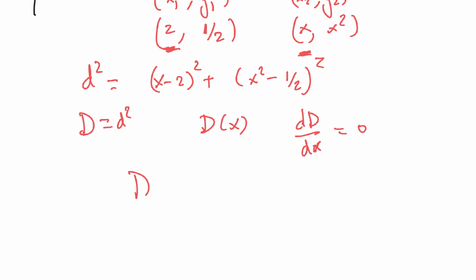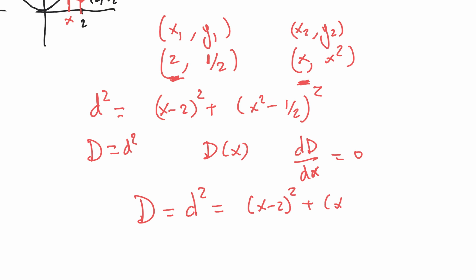So the d, that is the d squared, is x minus 2 squared plus x, sorry, it's not x squared. Okay, let's write the equation correctly. The equation here is x minus 2 squared plus x squared minus 1/2 squared.